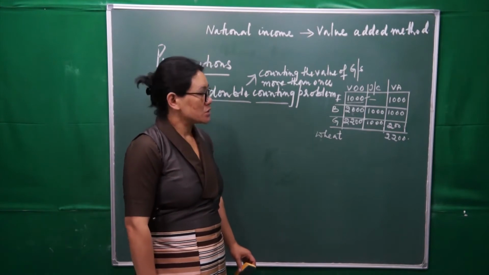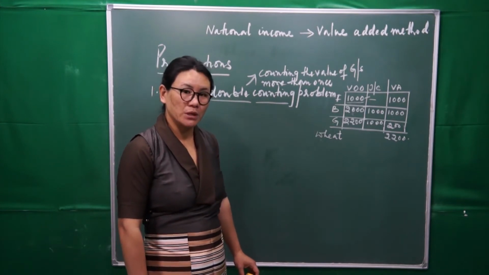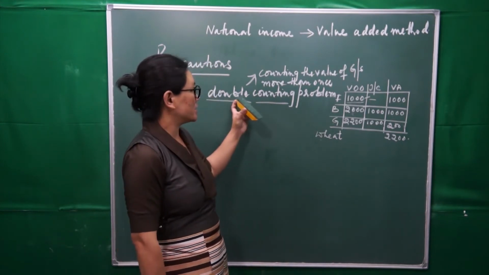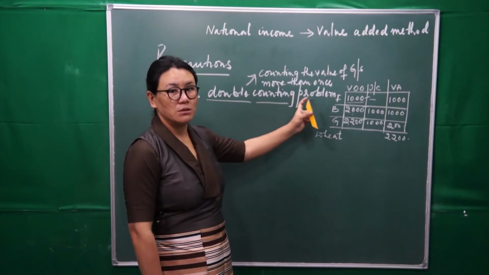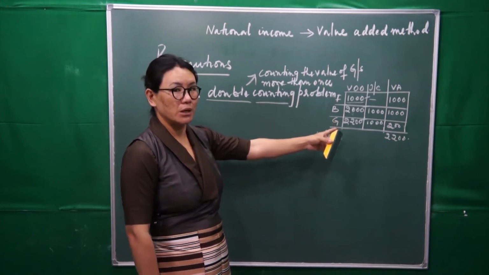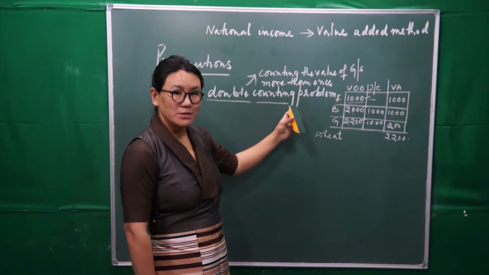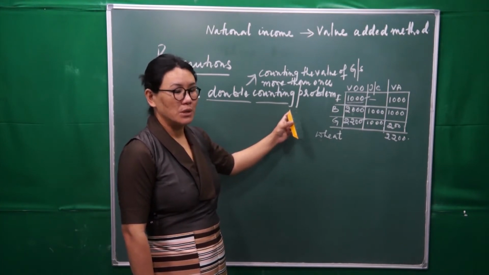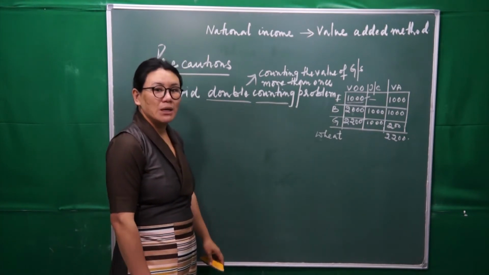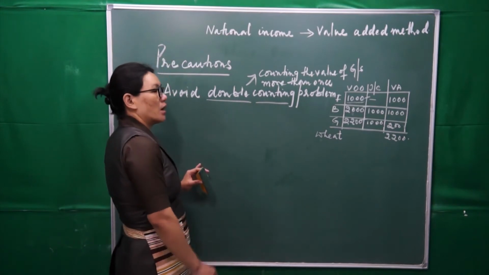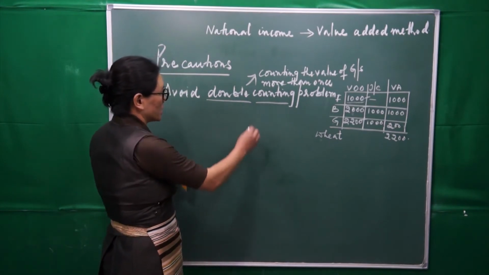Okay, so now what do we have to do here? We have to avoid the double counting problem. This is a problem, okay? So we have to avoid this double counting problem. Now to avoid it, we have two methods here.